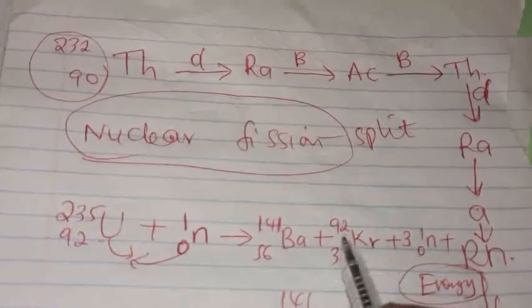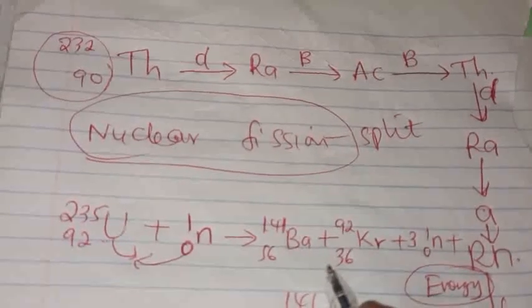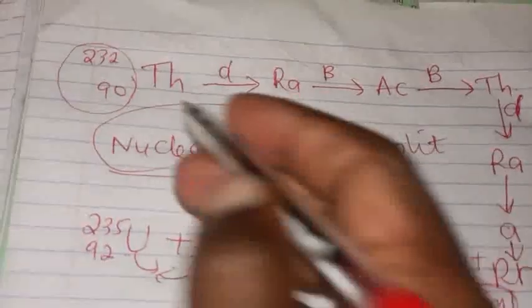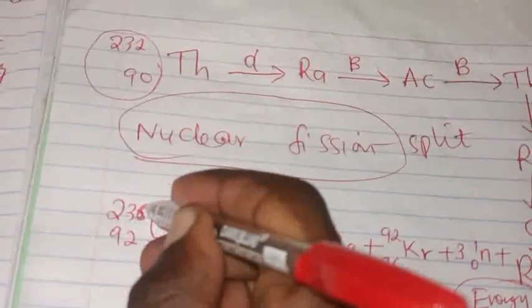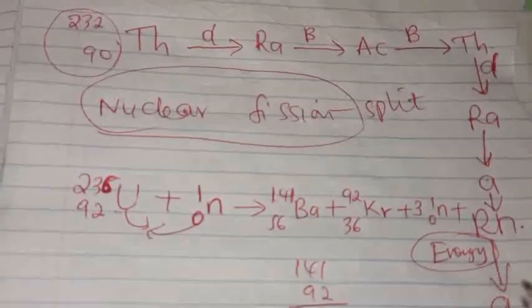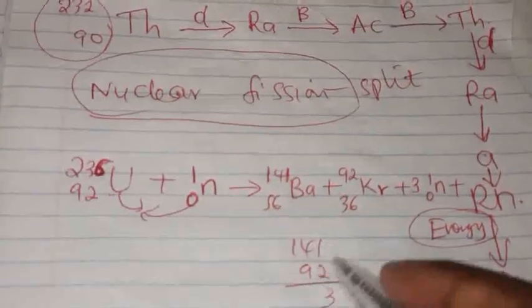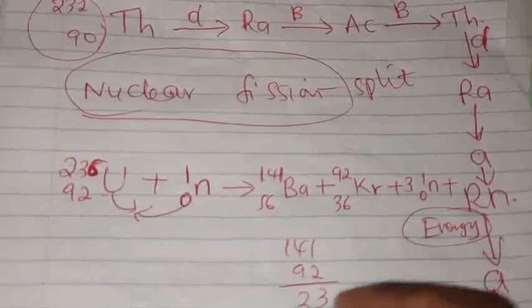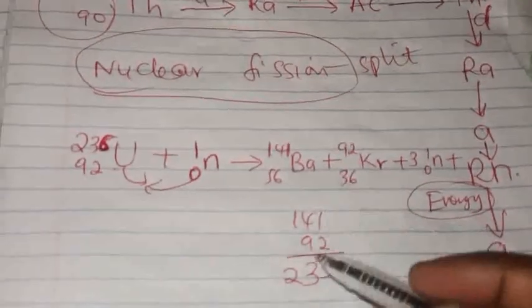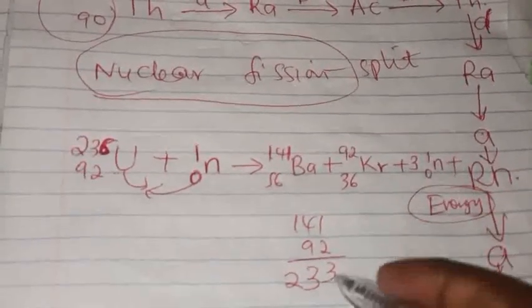You get the point? So at the end of the day, you can actually have 236 as the mass number of uranium. Why? Because you say 141 plus 92, that gives you 233. Then 3 times 1 gives you 3.